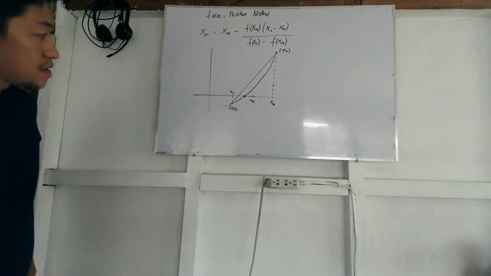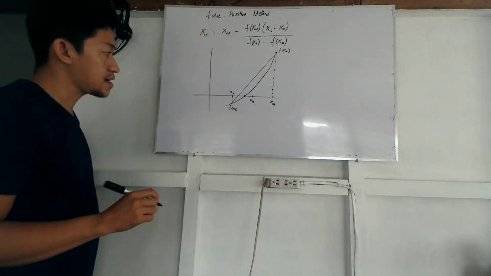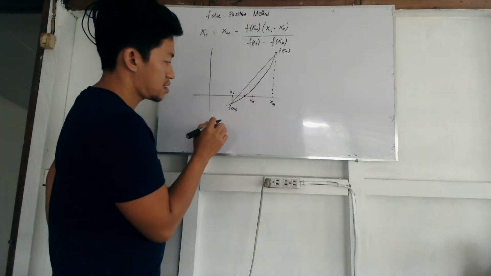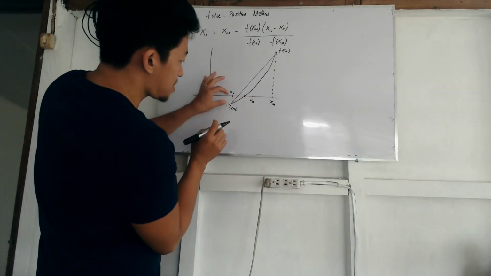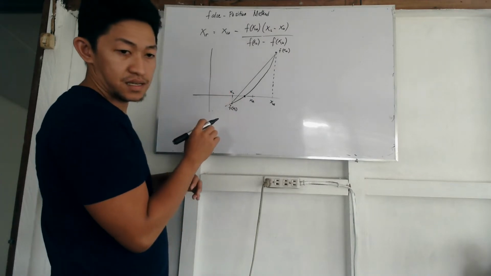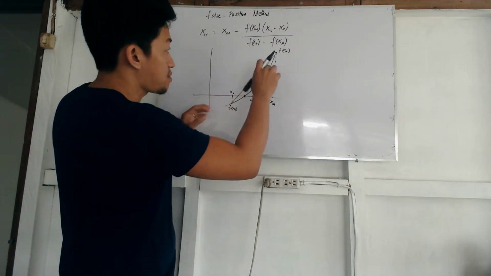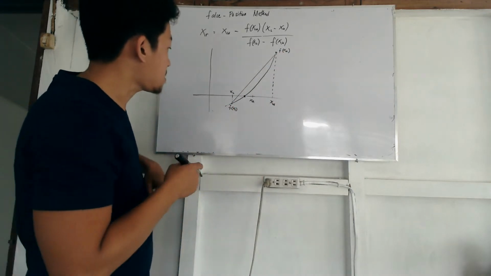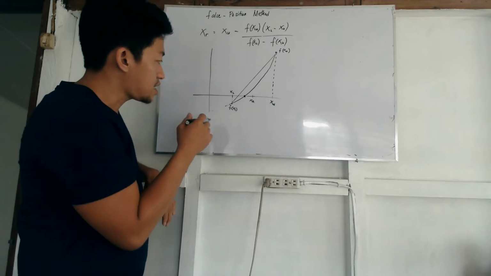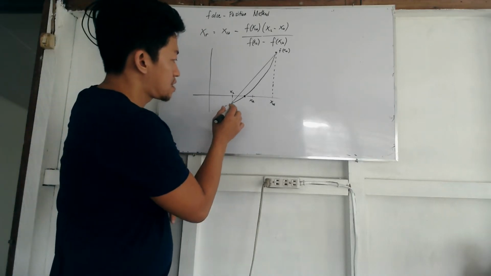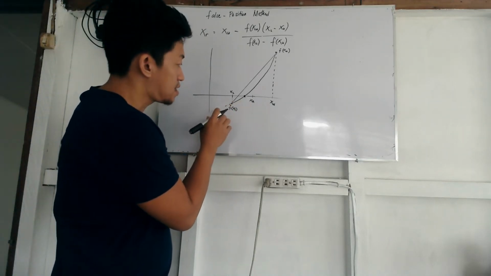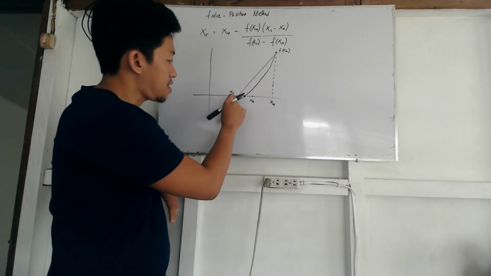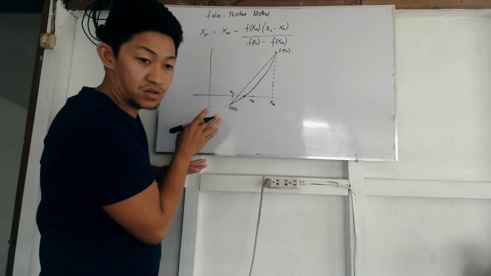Okay, so it notes that the value of your f of XL is shorter compared to f of XU. The implication is that f of XL is probably closer to your root. Okay?